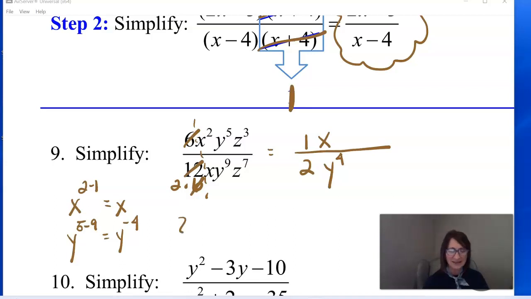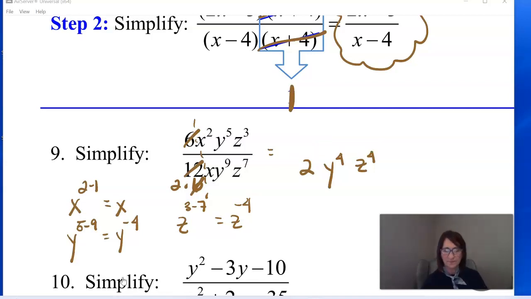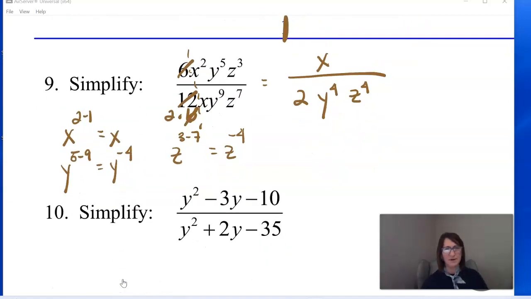Okay, and then lastly, z to the 3 minus 7 is z to the negative 4. So again, that becomes z to the 4th in the denominator. The only thing we could clean up here is we honestly don't need that 1. We can just leave it a plain x up there. Okay, let's go on to problem number 10.